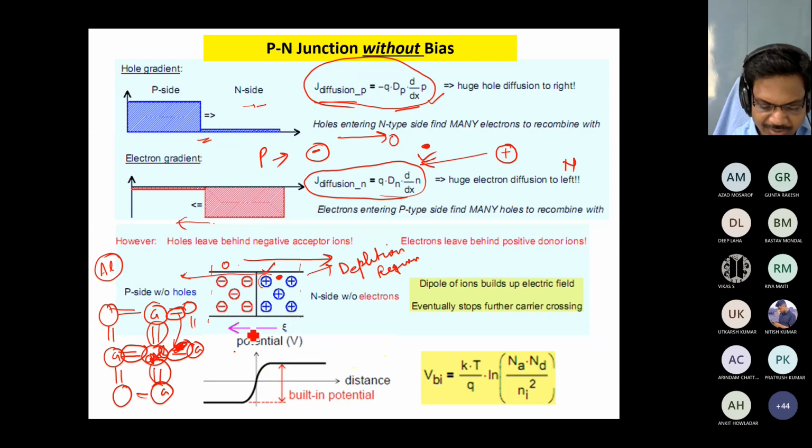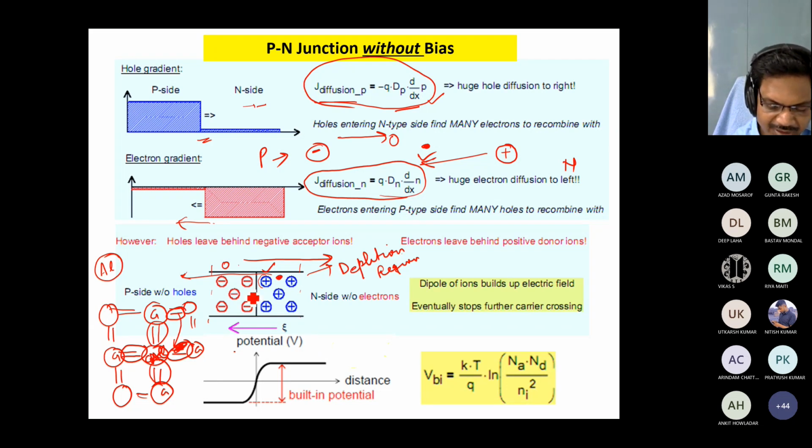This develops an electric field, and this electric field will oppose the further movement of electrons and holes across the junction, because the movement of carriers due to the gradient cannot go on for infinite time. It will be stopped under equilibrium condition.